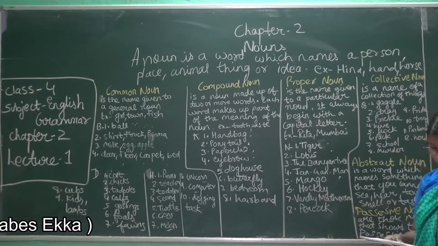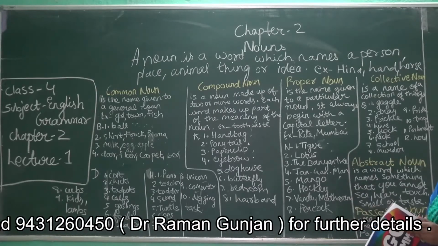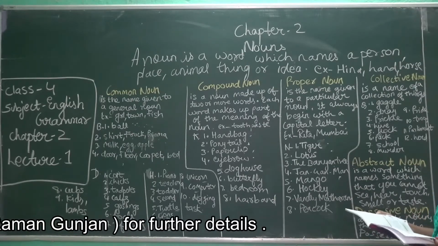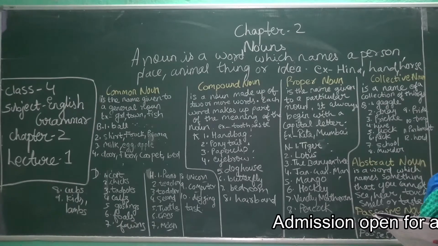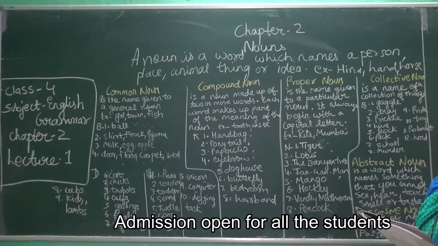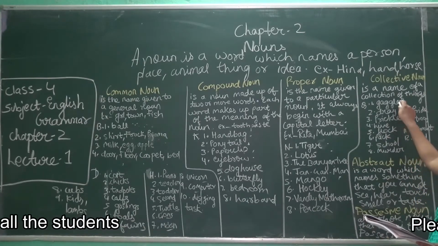Now come to P, also you have to tick. It's very easy, just do it by yourself. Number Q, I have written the answer here. Write a collective noun for each of the given groups. So the given groups are here.